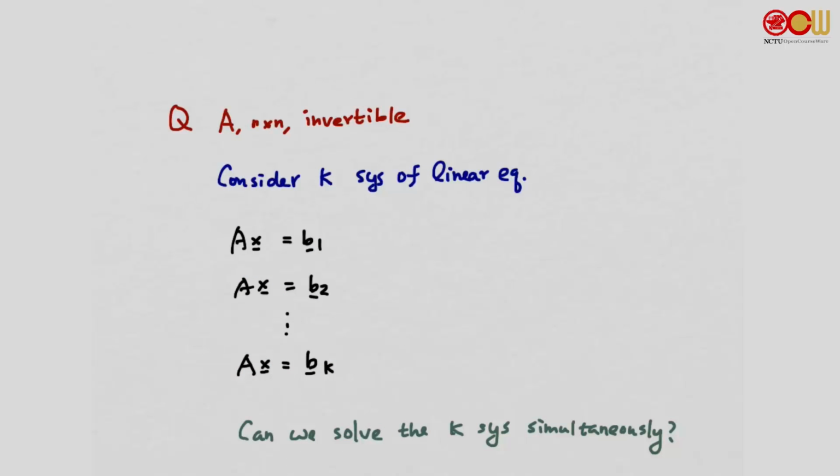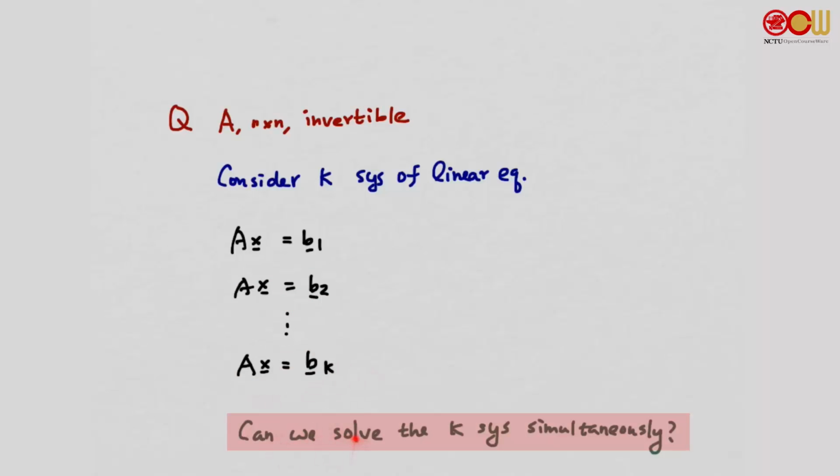Another implication of this result is on solving multiple systems of linear equations. Suppose A is n by n invertible, and we have k systems of linear equations. So we have AX equal to B1, we want to solve this system of linear equations, and we have AX equal to B2, we want to solve this system, all the way to AX equal to BK.